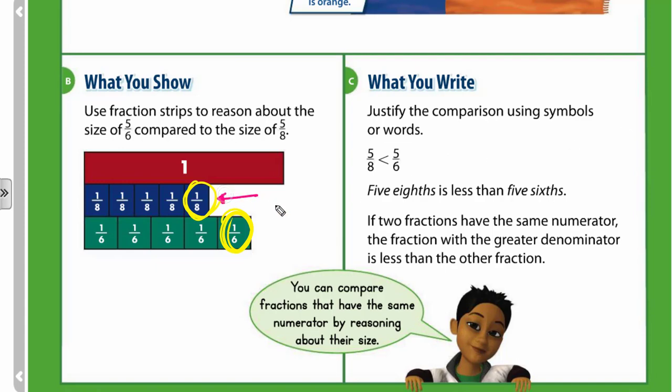So 1/8 is less than 1/6. 1/6 is bigger. Why is it bigger? Because we divide more or divide less? We divide into how many parts in the first one? Into 8 parts. And in the second one we divide into 6 parts. So when you divide less, you get bigger parts. Okay, my heroes? Now let's move to the next page.